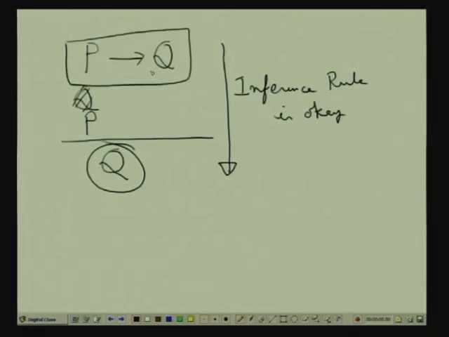If this rule is not correct, then obviously this inference will also not be correct. So, there is a difference between the soundness of the inference process and the correctness of the result. Even if the inference process is sound, the result may not be correct unless the axiom or the theorem or the rule that I have written over here is correct.